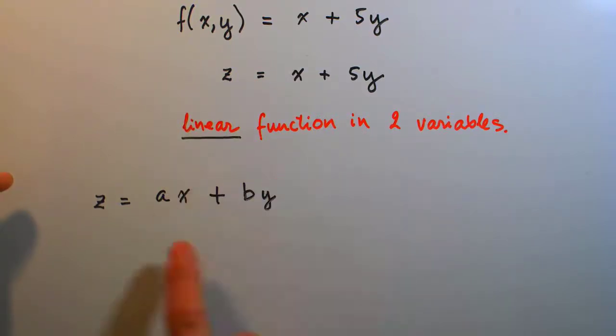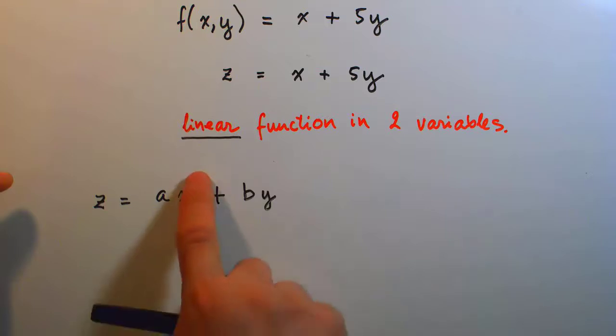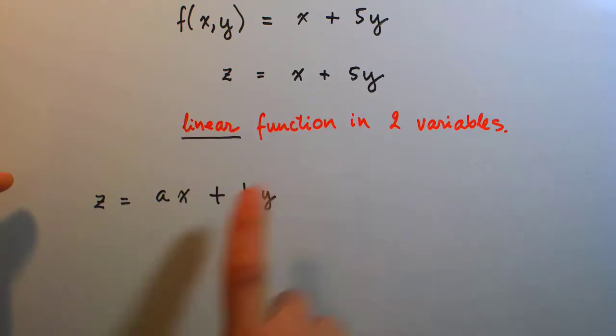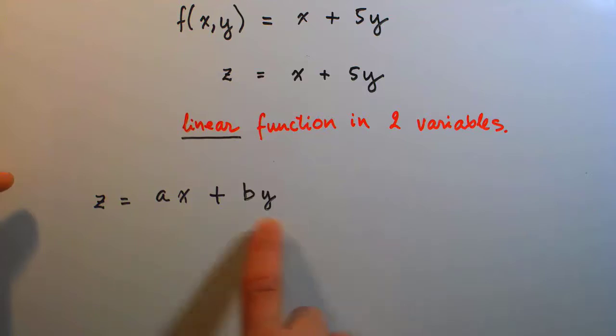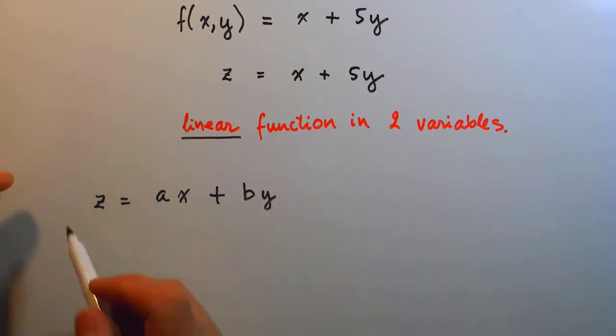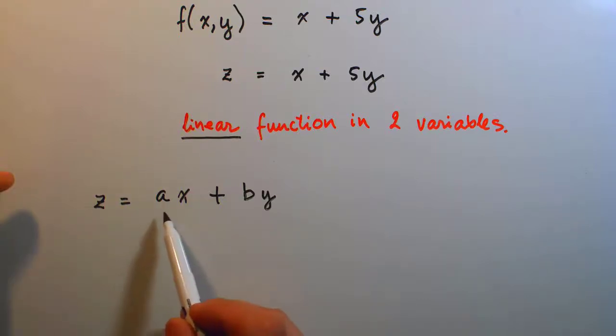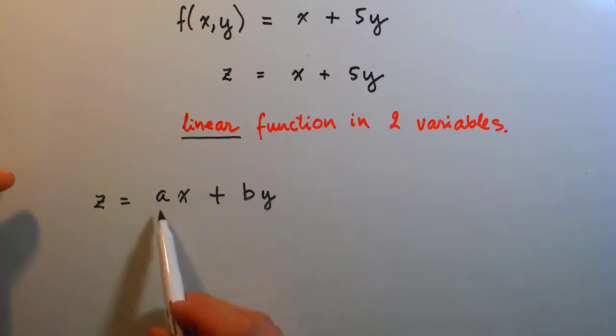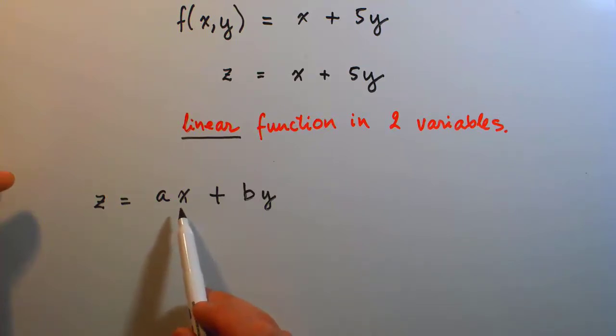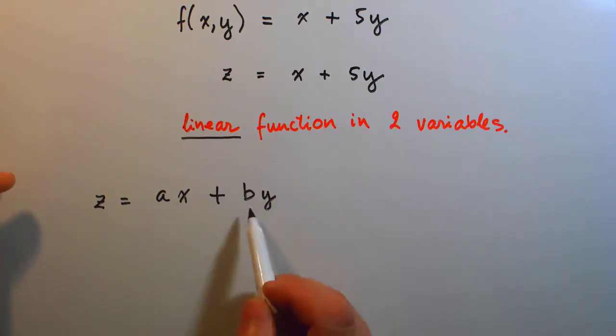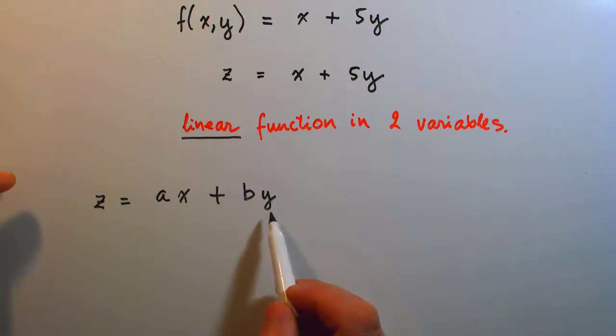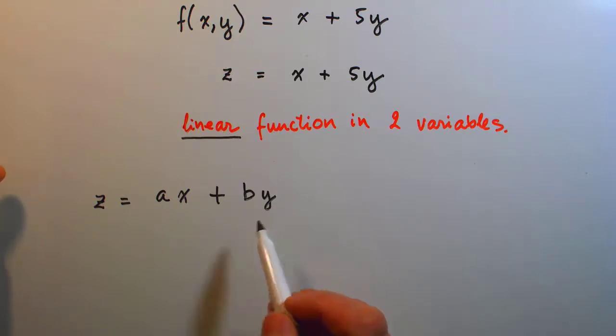No power. If it's a square on any of the variables, it's not linear. If there is a square root with any of the variables involved, it's not a linear function. So strictly as a requirement, the linear function can only have a coefficient, could be negative, could be 0, but a coefficient multiplied with the first variable plus another coefficient multiplied with the next variable.